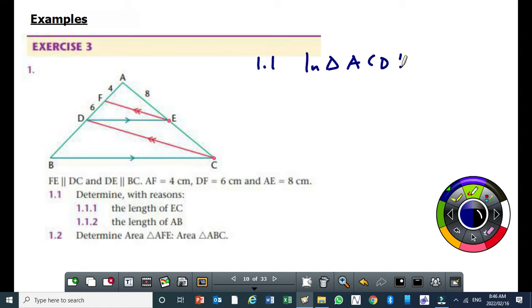So because of that, I can write AF over FD. Please be aware that FD is the same as DF, so you can write it the way you prefer. It's going to be equal to AE divided by EC.